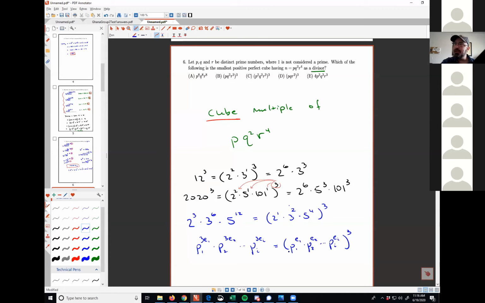So we can uncube as we divide each one of those exponents by 3.